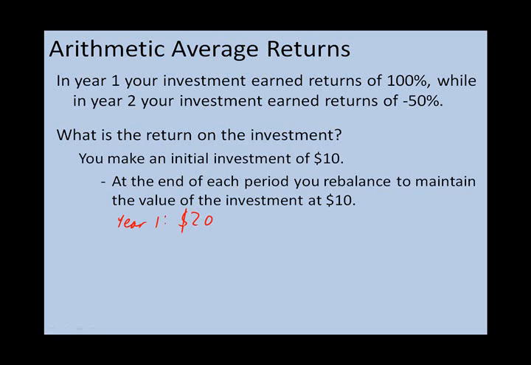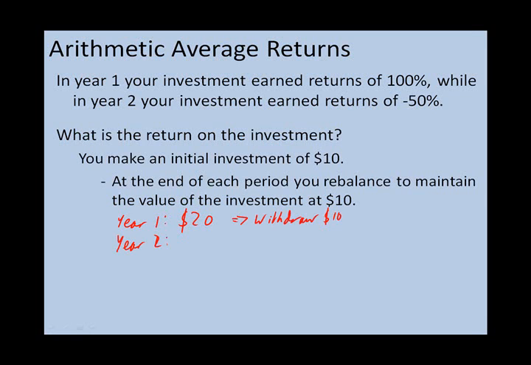What do we do now? Because it says at the end of each period you rebalance to maintain the value of the investment at $10, we must withdraw $10. Now let's think about year 2. In year 2 we're starting with $10 again, because we've just withdrawn the 10.